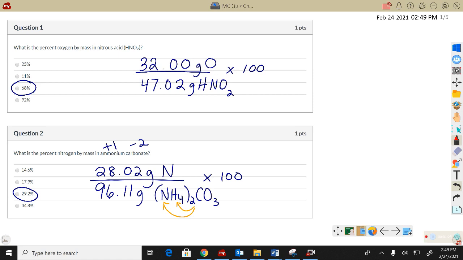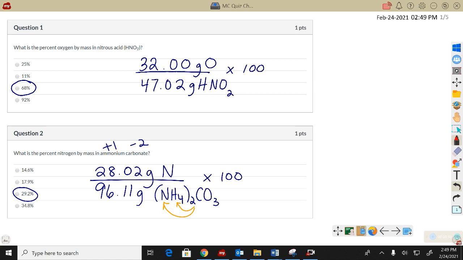Now, when I want the percent nitrogen by mass in ammonium carbonate, I want the total mass of nitrogen divided by the total mass of the compound. When I have that 2 on the outside of the ammonium group, it means that I have 2 groups of ammonium. Or in other words, I need to distribute that 2 to the nitrogen and the hydrogen.